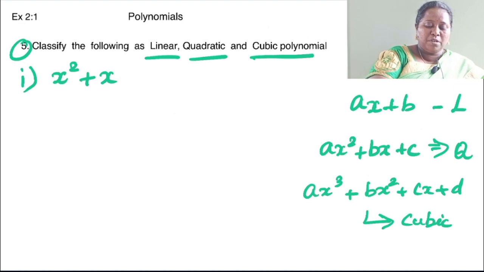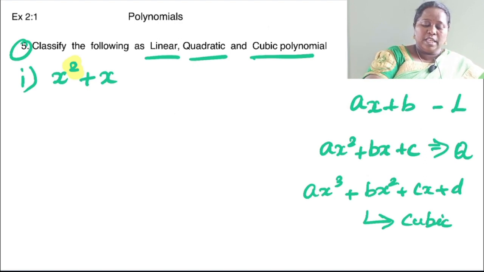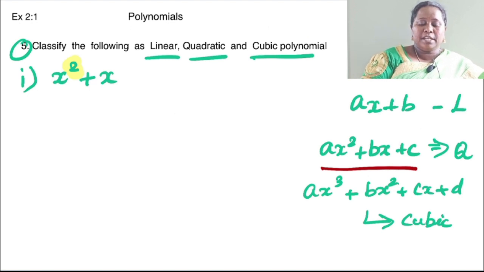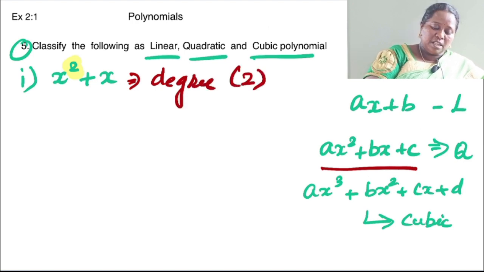The highest power is 2. If the degree is 2, then we can name that polynomial a quadratic polynomial. So the degree is 2, and we name it a quadratic polynomial.